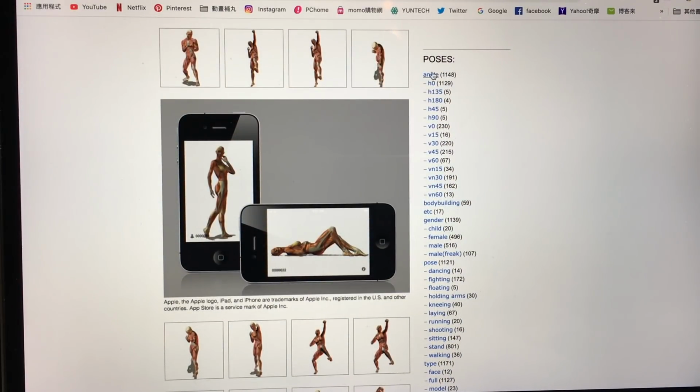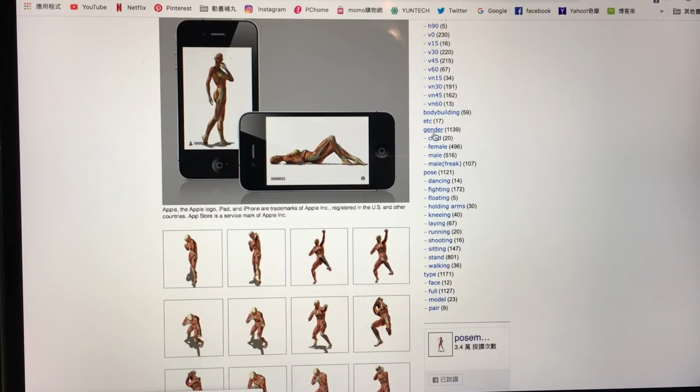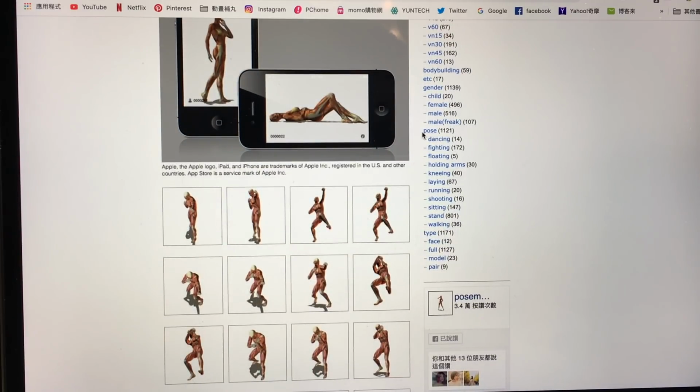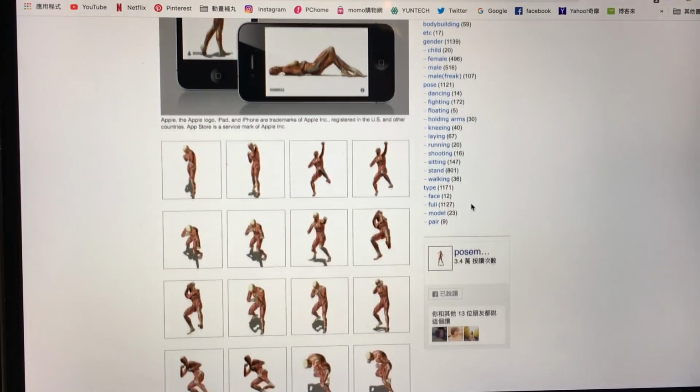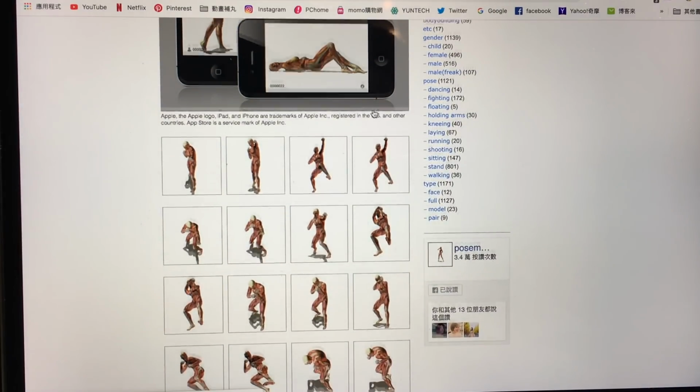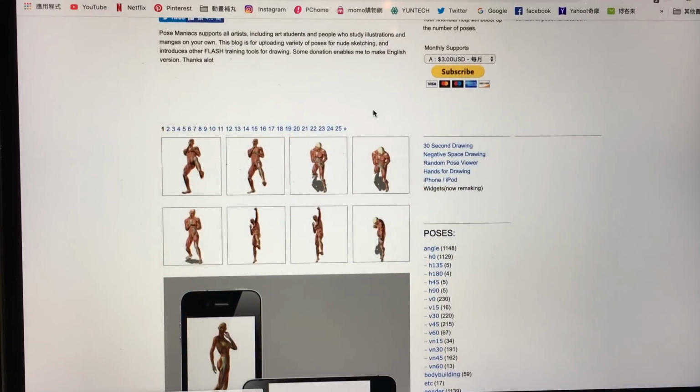In here, it has different angles and different gender poses, and also different situations like dancing, fighting, floating, holding arms, kneeling, laying, running, etc. So it's very useful.